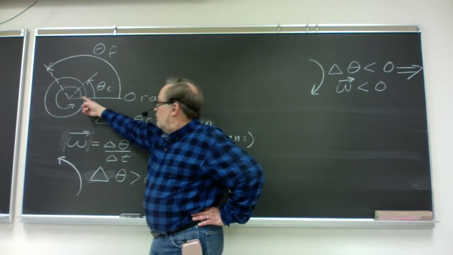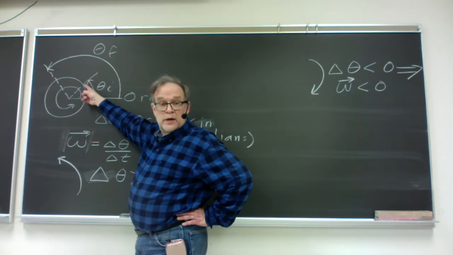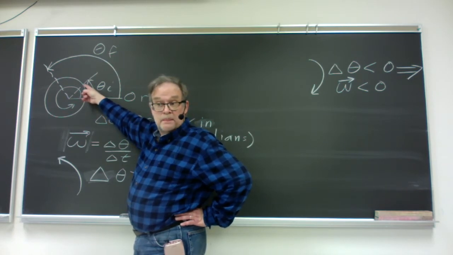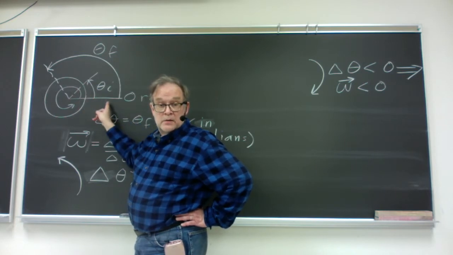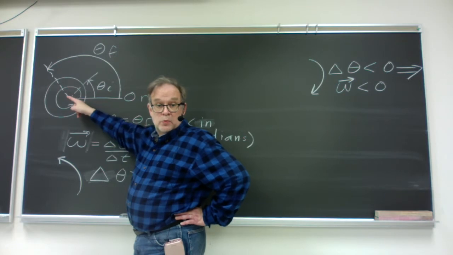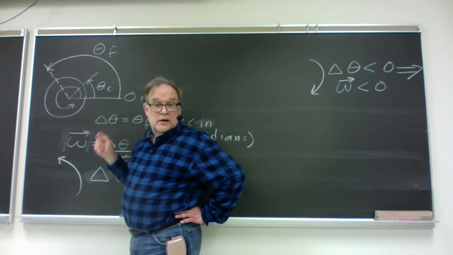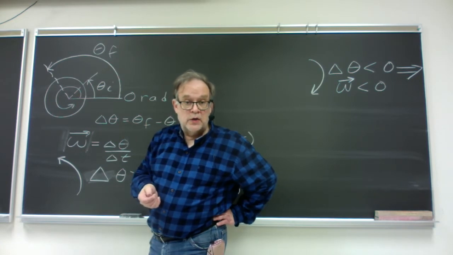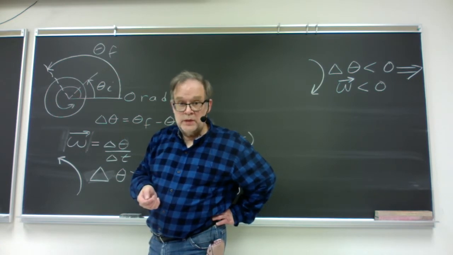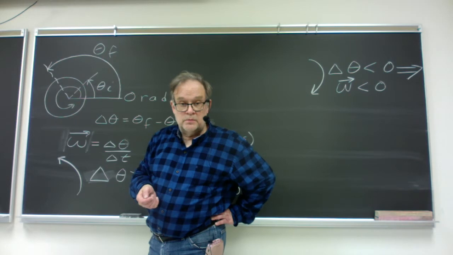All points on this radius of the disk are theta 1 radians away from 0, and all points on this radius are theta final radians away from the 0.